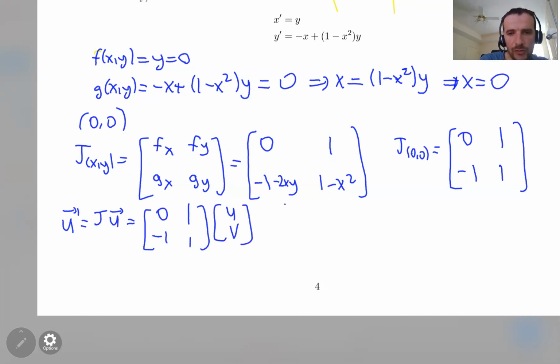And what is u? u is x minus x star. x star is the x coordinate of the critical point, which is 0. So u is equal to x and v is equal to y minus y star, which is again y, because y star is 0. Okay, after getting that, this is the linearization.